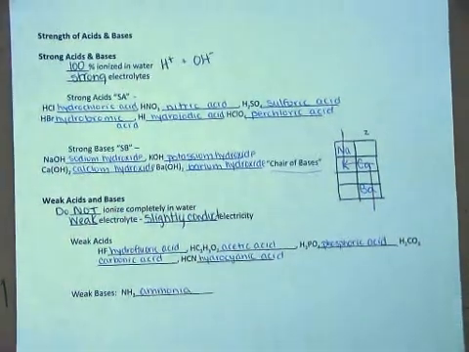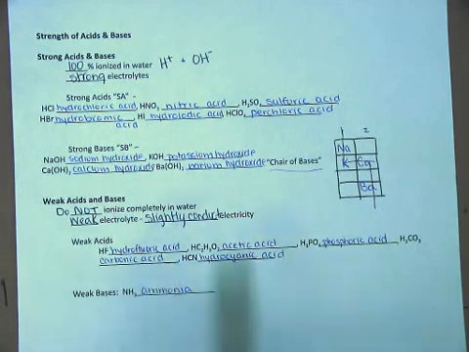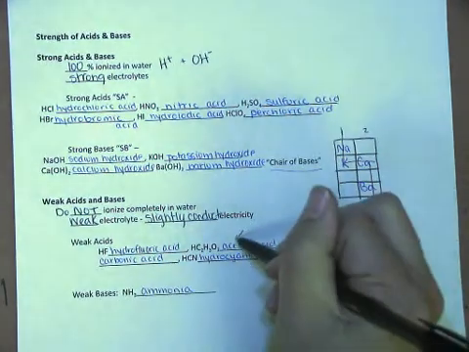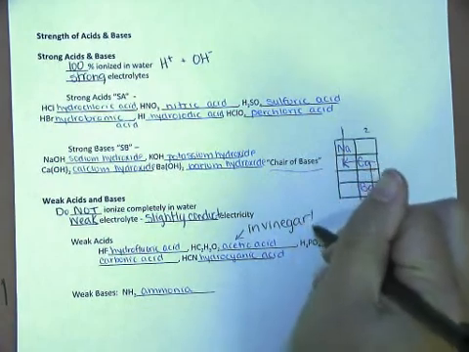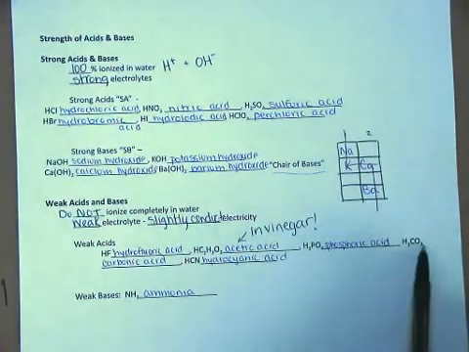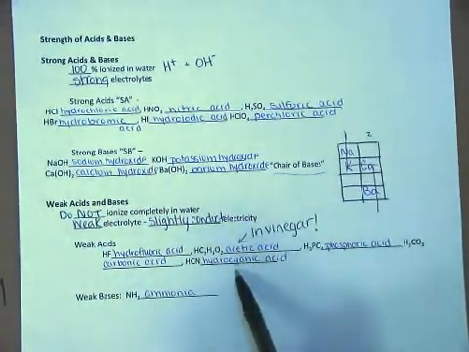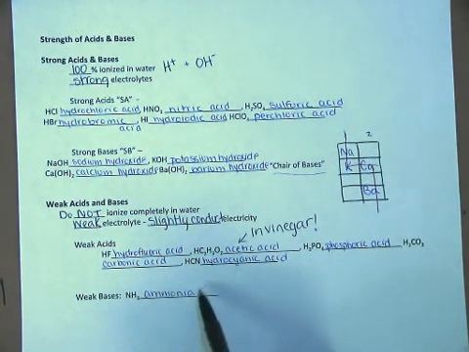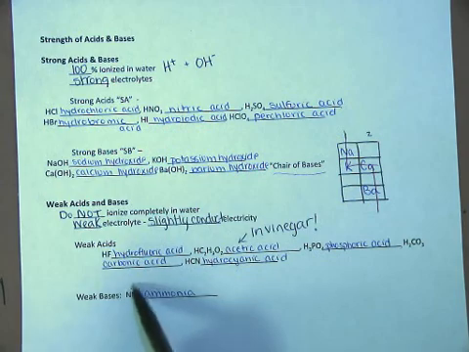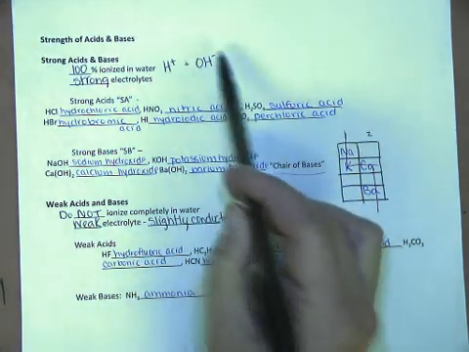Some examples of weak acids are hydrofluoric acid and acetic acid. This is found in vinegar. Phosphoric acid, carbonic acid, and hydrocyanic acid. The weak base we're going to refer to is ammonia. And this is the one base that doesn't have that hydroxide part to it.